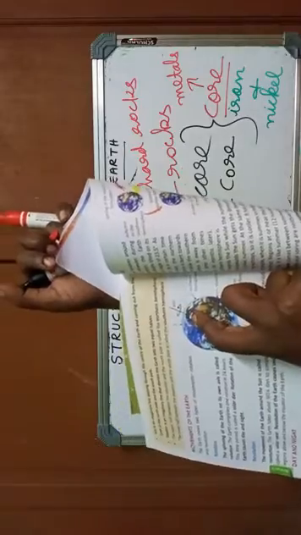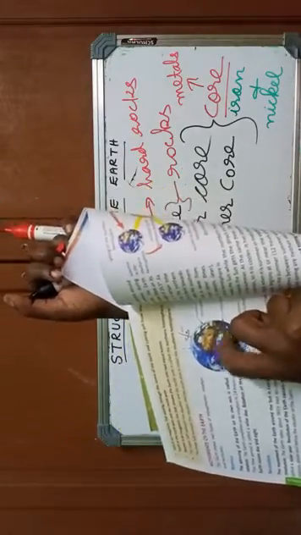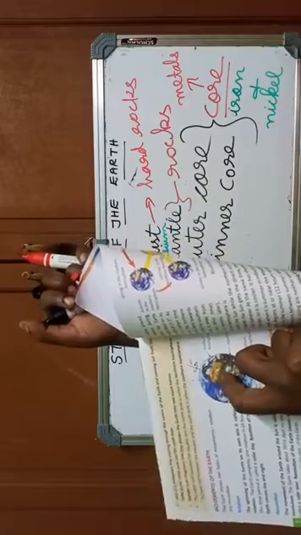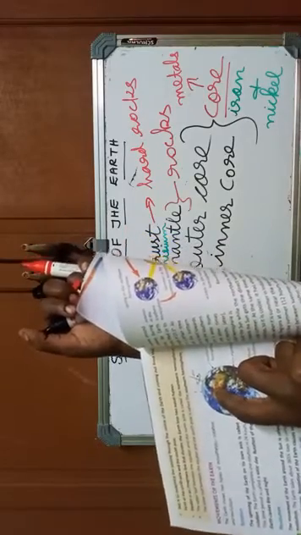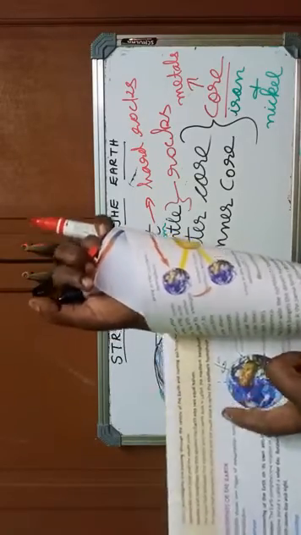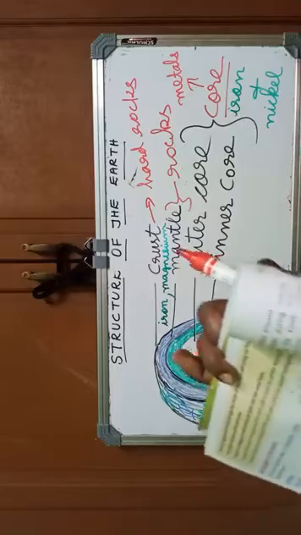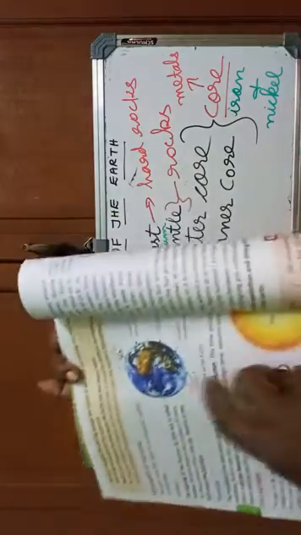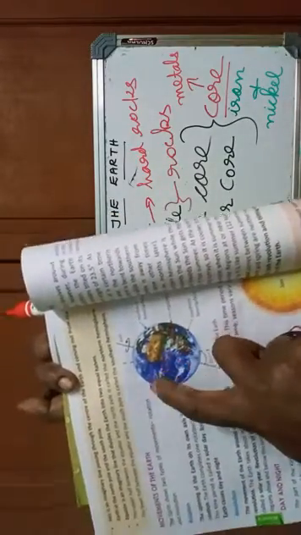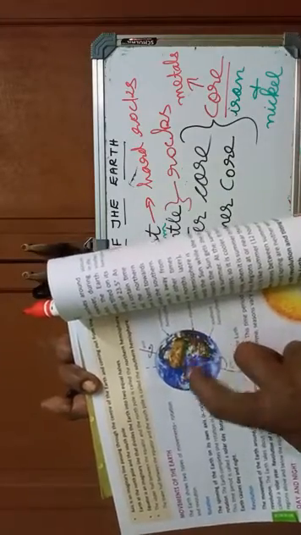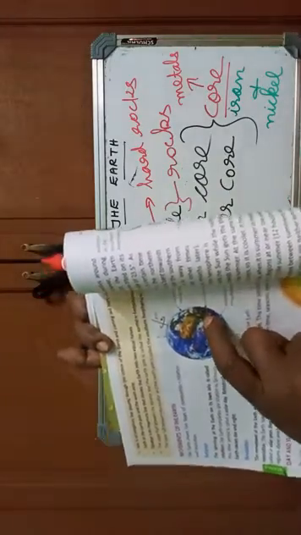Actually there is no axis, but the earth moves around its own imaginary axis. This is called the axis. And the equator is an imaginary line that divides the earth into two equal halves. Here you can see a line dividing the earth into two halves, and that is called the equator.